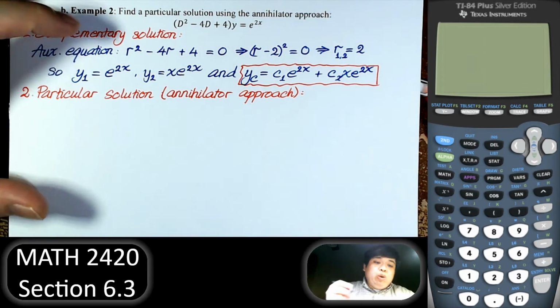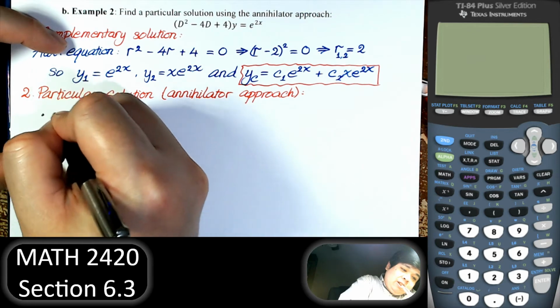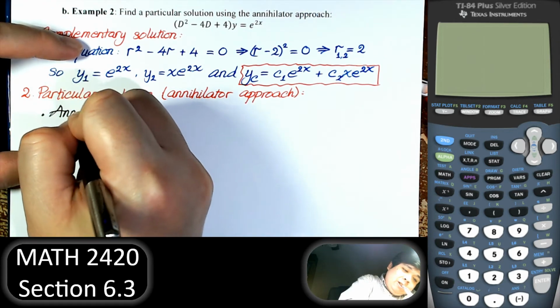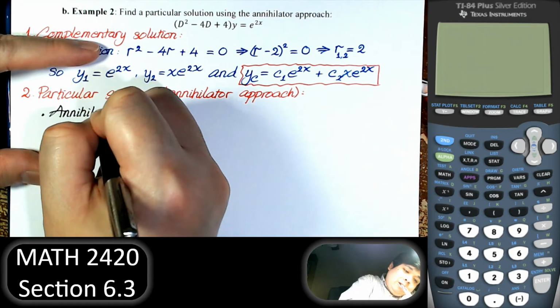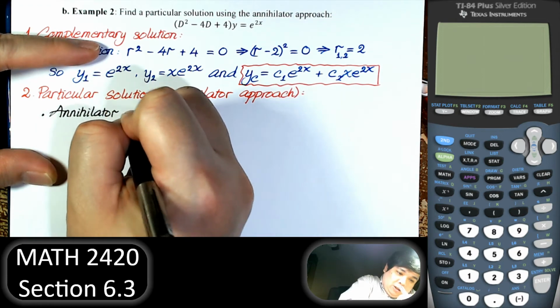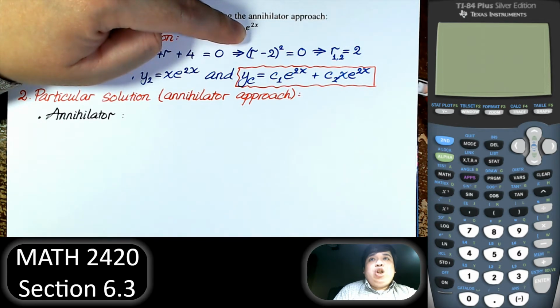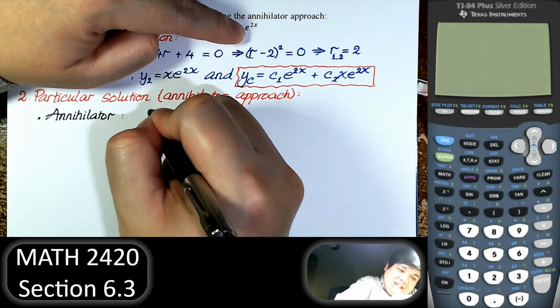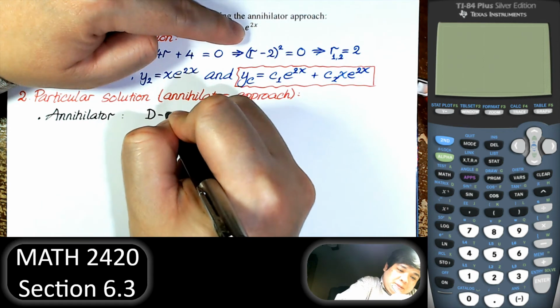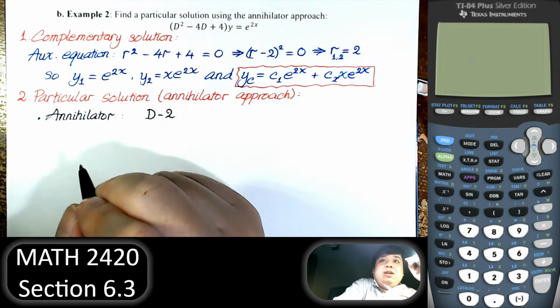Alright, first of course we find the annihilator. To annihilate the right hand side, that's easy. That's D minus 2, pretty much. Right, so that's what we have.